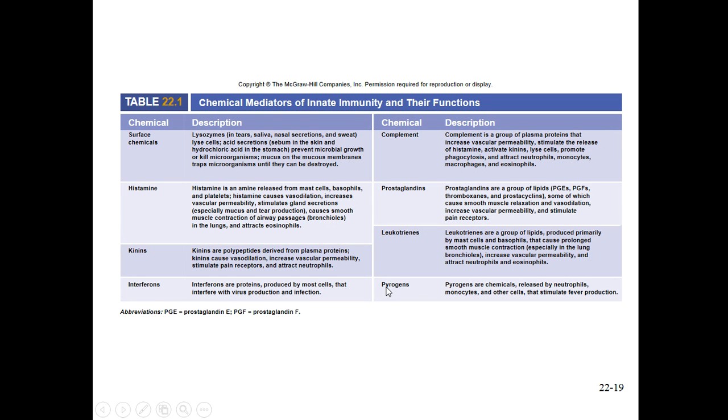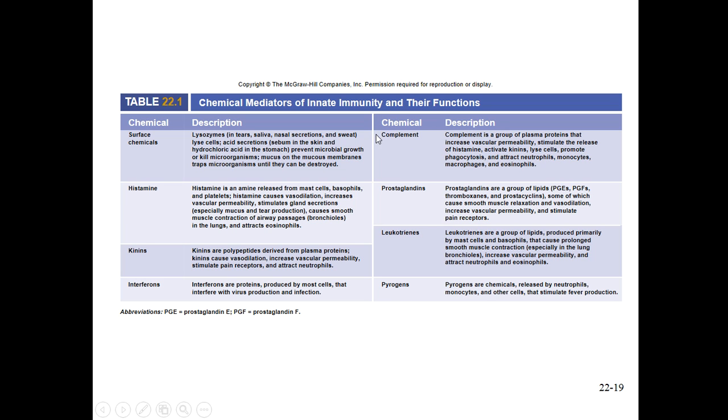Pyrogens, pyro means fire, so this means fire creators, and these are what trigger fever. And so certain bacteria release pyrogens, certain viruses stimulate our white blood cells to release these pyrogens as a way of trying to cook the germs.